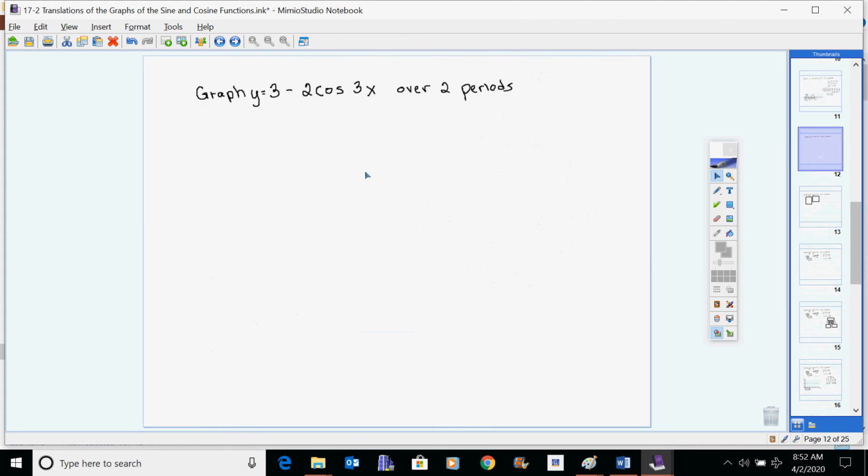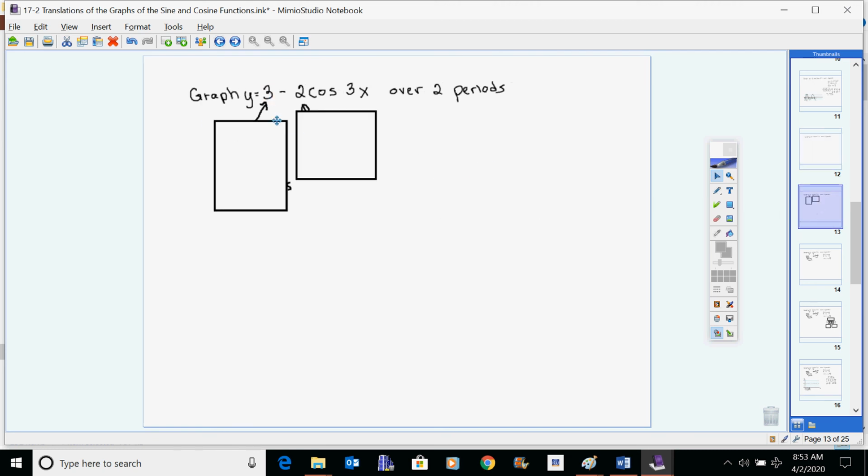Okay, so this one's got a little bit more in it. This one has this extra 3 here. So this extra 3, let's take it super slow, because every single thing in this has something that it does to what our basic function looks like. Once again, we're dealing with a cosine function. So that one in the normal would start up, go down, and then come back up.